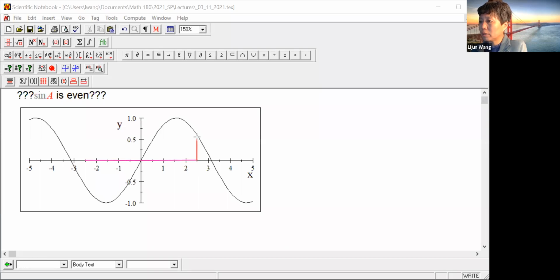So this output and that output must be the same height, just opposite in sign. So sine indeed is odd. Is that clear, guys? It's not even. It is odd.